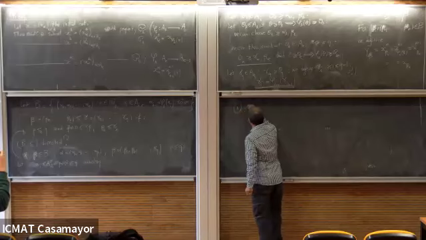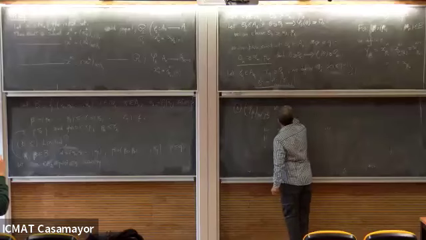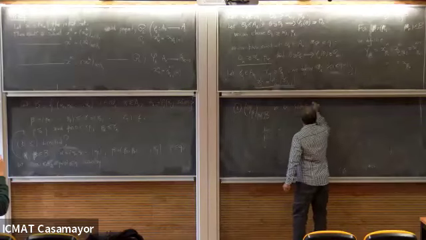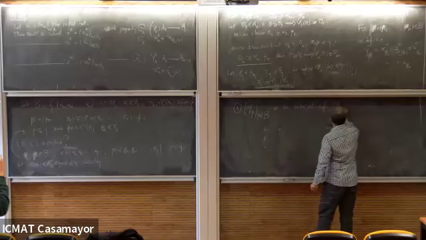First, I will show that y beta is a subnet of the initial net x alpha.